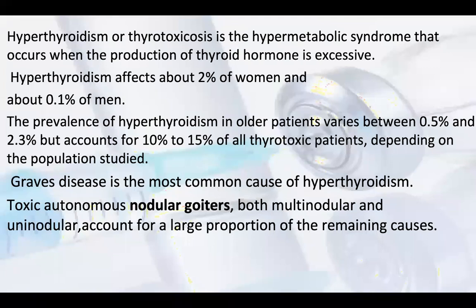The prevalence of hyperthyroidism in older patients varies between 0.5 and 2.3%, but accounts for 10 to 15% of all thyrotoxic patients, depending on the population studied.